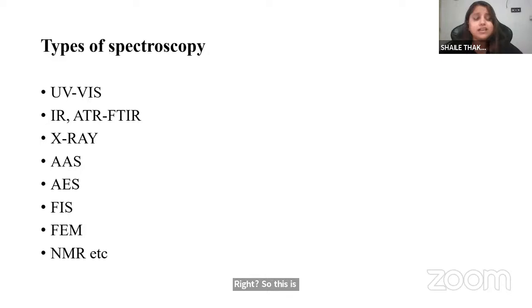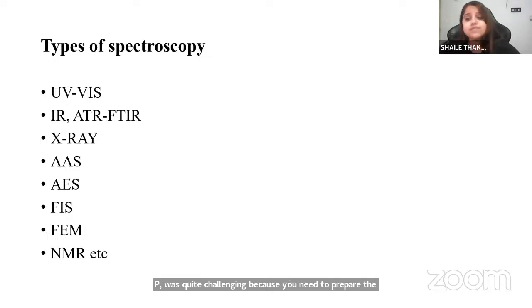After the mull technique, another method was solid in solution. You need to mix the solid with the solution, right? You need to prepare the KBr pellets in conventional IR. Pellet preparation was quite challenging because you need to prepare the same shape and size of pellet. Then the cast film technique; these were press pellet methods, and these were so challenging, right?